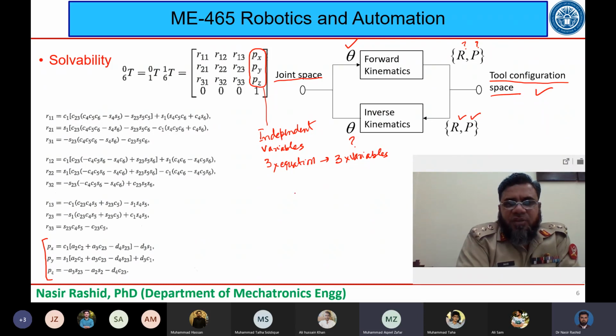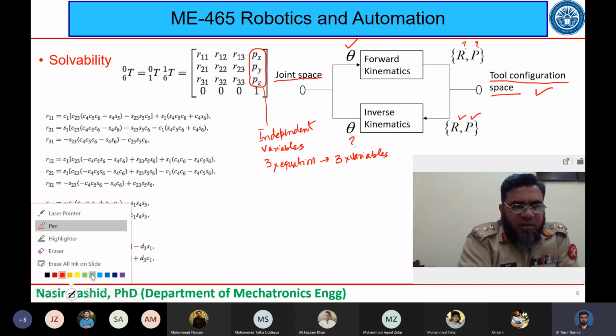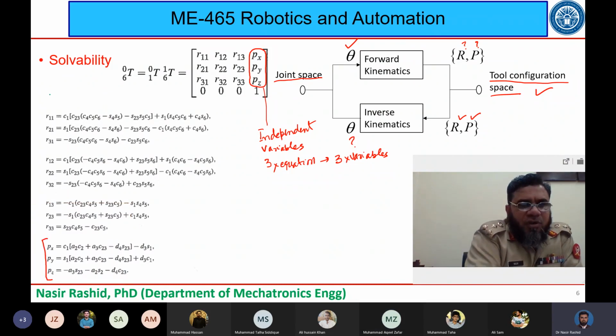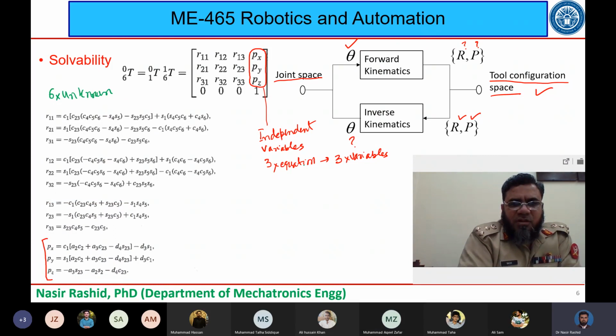Very good. So it means that we have 6 unknowns. Let me write it down here. If we are solving the Puma robot, we actually have 6 unknowns. To solve for 6 unknowns, we need 6 equations. So we have found 3 equations from here which are independent.